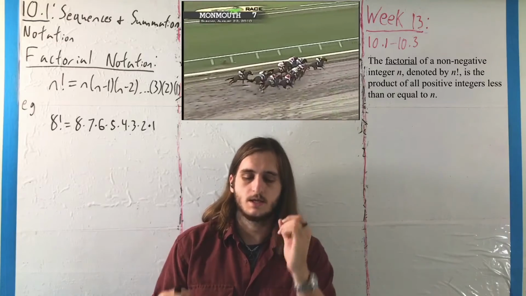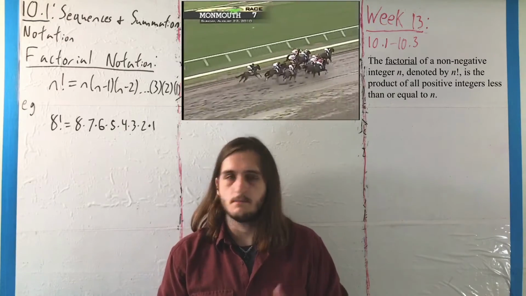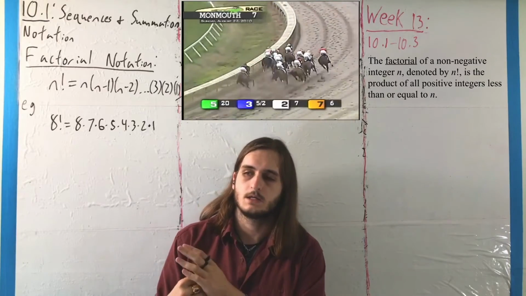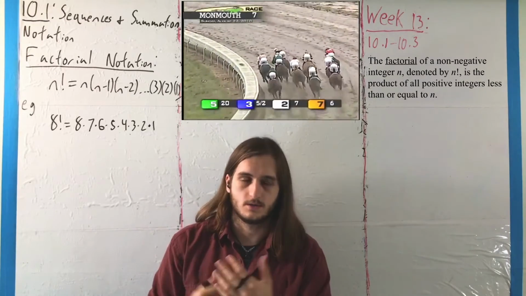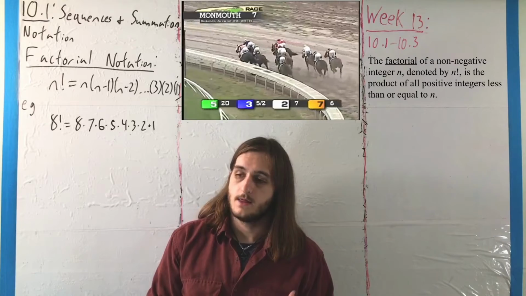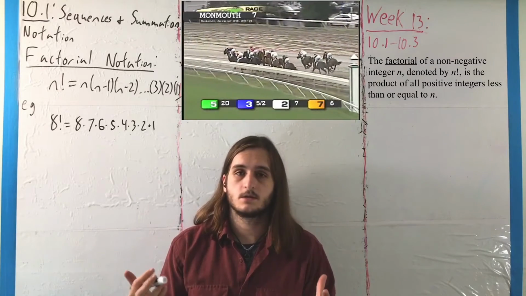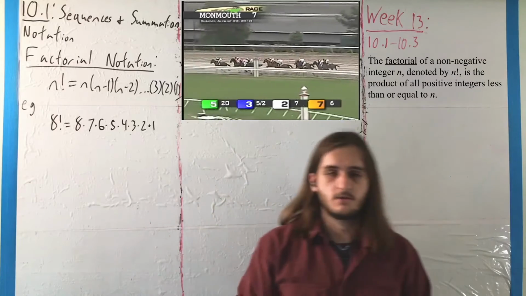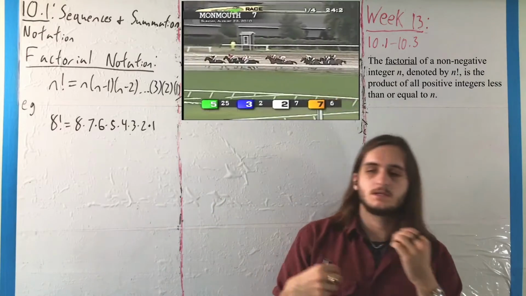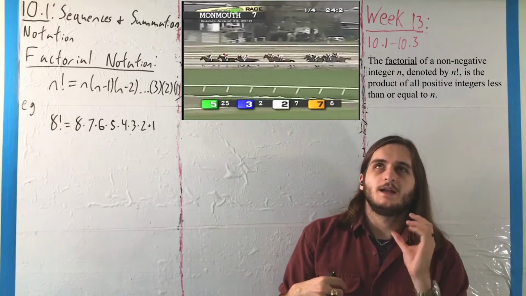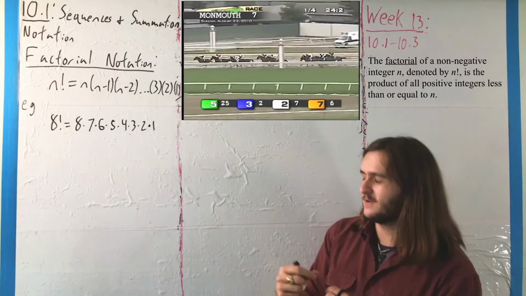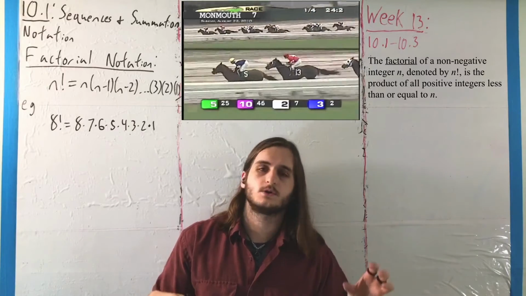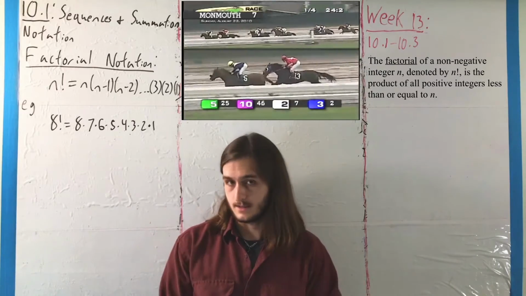That is, you want to select all of the members of the race and organize them so that you use all of them, where there are no repeats. Well, if it's 8 options for the first, 7 for the second, 6 for the third, and so on, because something can't both come in first and second at the same time.